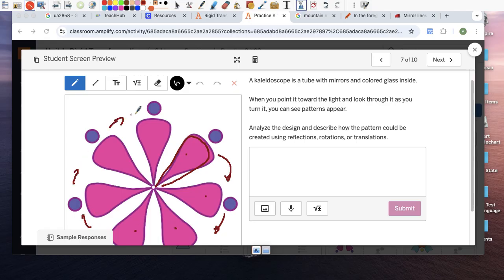So, in this particular kaleidoscope, each of these figures are being rotated, and again, around a fixed point right here. So this is a better example. It's a rotation around a fixed point. So here's the point in the middle, and everybody rotates around this blue dot. And that's what I would say.